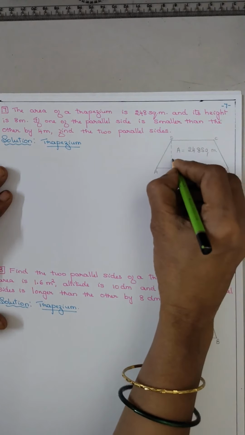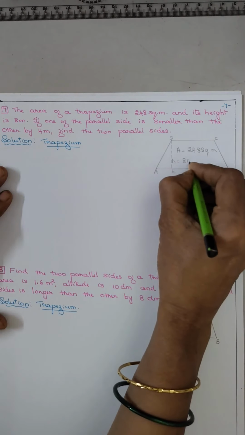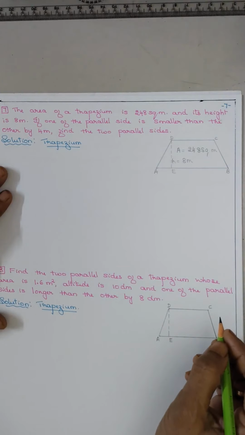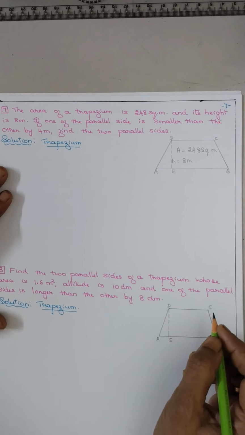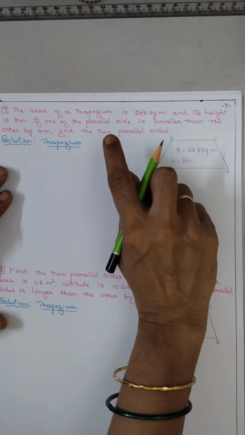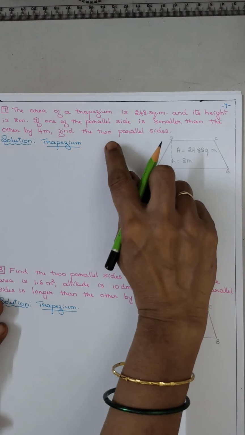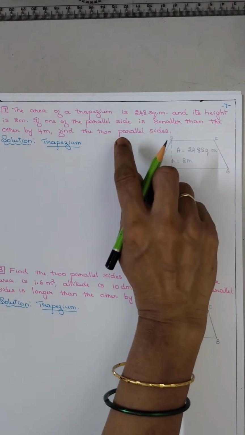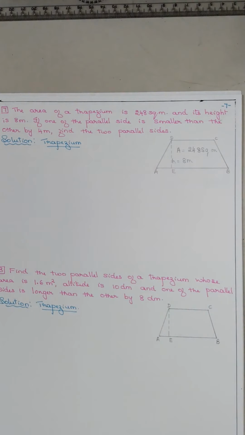The height is 8 meter. If one of the parallel sides is smaller than the other by 4 meter.